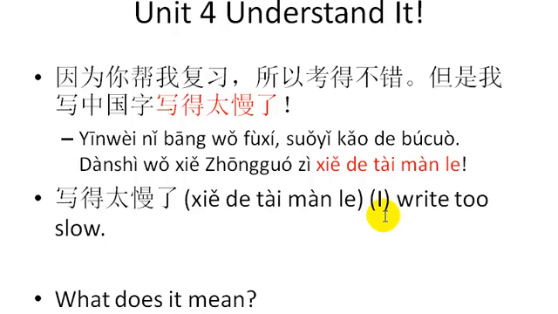So, I write too slow. I write Chinese characters too slow. So you have the verb, write, the adverb connector, 得, then 太慢了, too slow. 我写得太慢了. I write too slow.